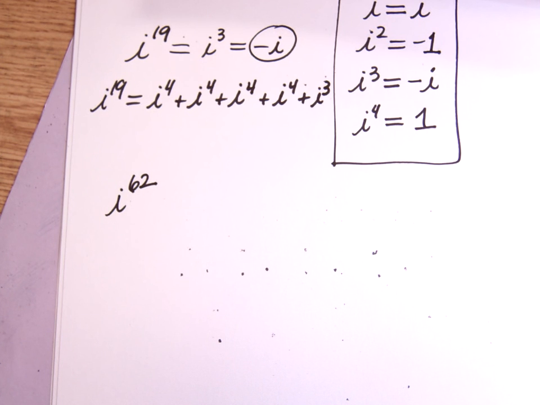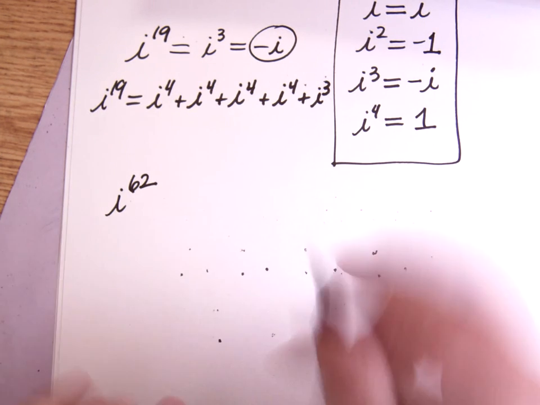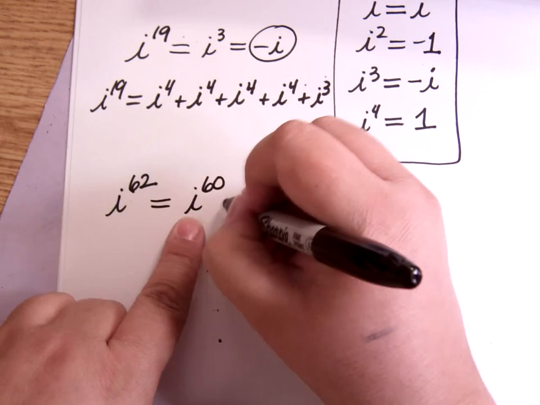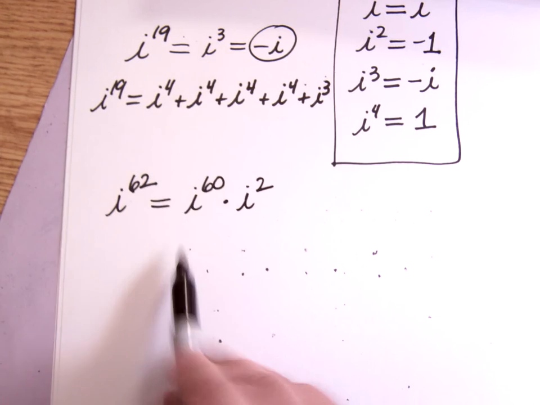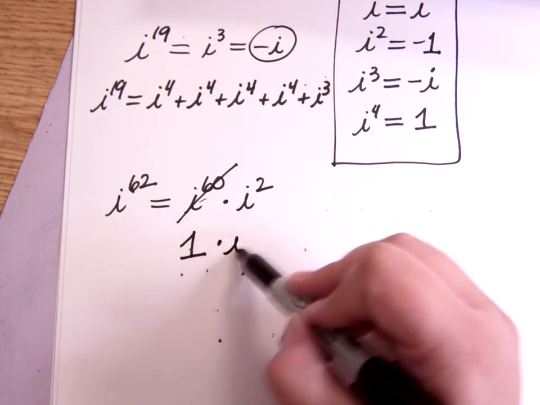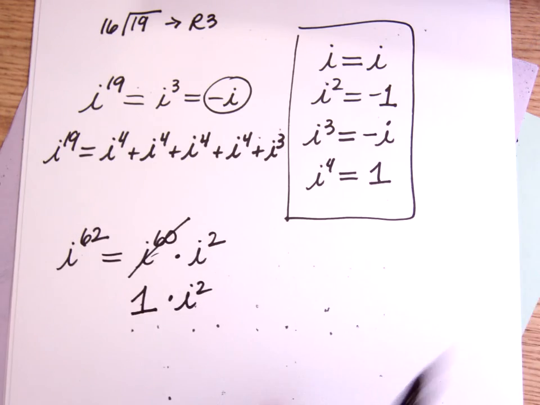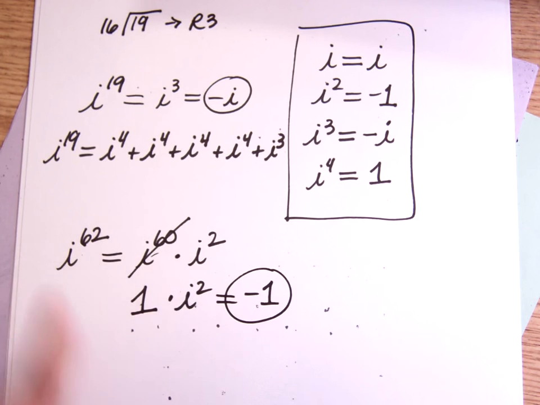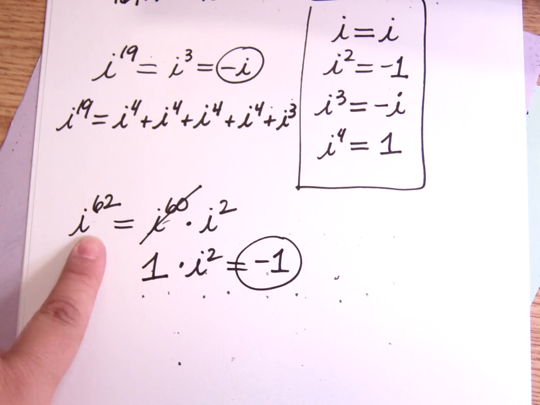And since 4 goes into 20, then 60, it must go into 60. So that's the same thing as i to the 60, which is divisible by 4, times i squared. Well, if this is divisible by 4, this all becomes a 1. So 1 times i squared, and we know that i squared is always negative 1, gives me negative 1. So i to the 62nd power gives me negative 1.